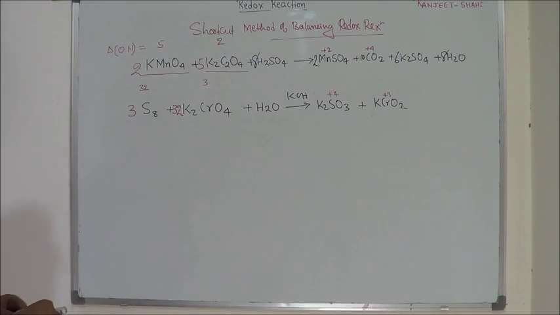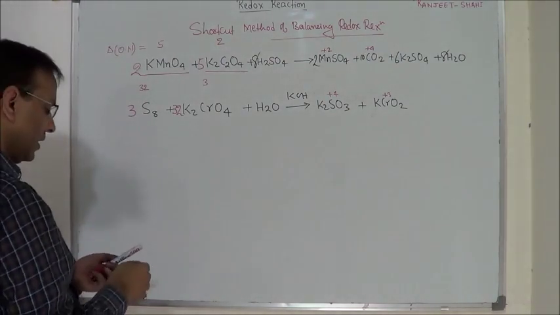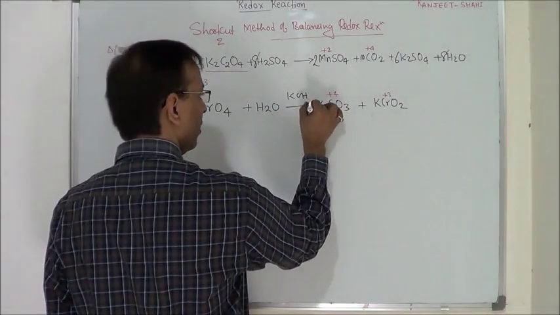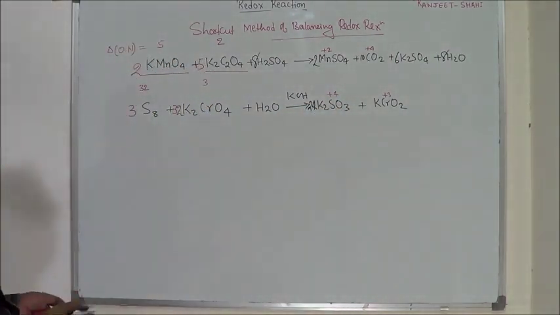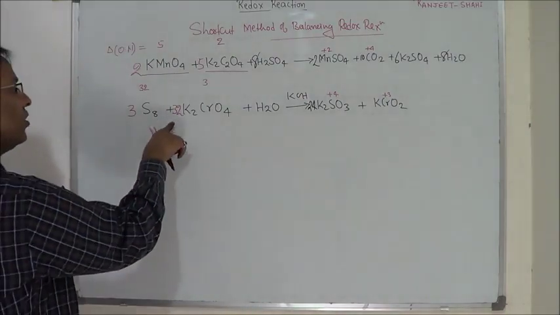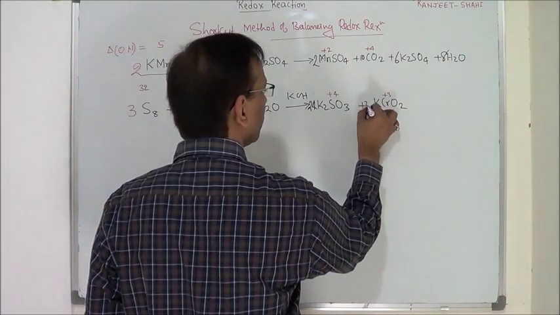Now balance the others. 3 into 8, 24 sulfur. So here must be 24 K2SO3. Sulfur is balanced. 32 chromium, so here must be 32.